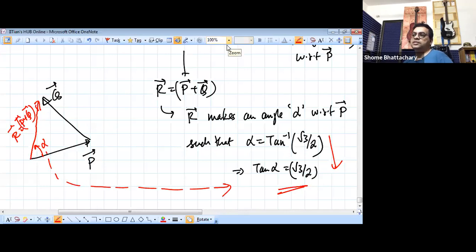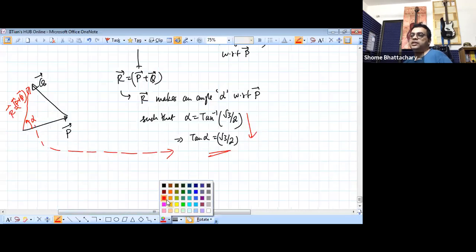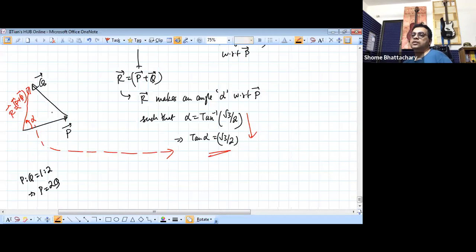The other thing that is given is that the magnitudes of P and Q are in the ratio 1:2. That means P's magnitude is twice the magnitude of Q. So this is P, and Q will become P by 2, or P is twice of Q. Now use the triangle law formula to solve further.